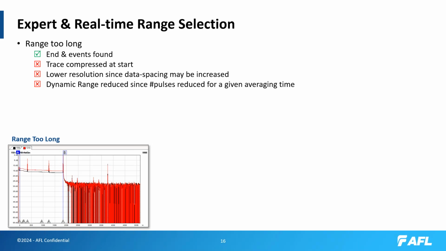You'll have lower resolution since the data spacing is probably increased because of your long distance range, and your dynamic range may be reduced since the number of averages is reduced the longer the fiber is that you are testing, assuming a constant averaging time.